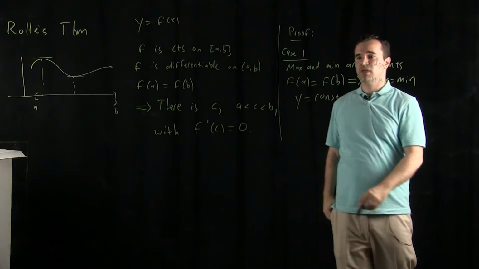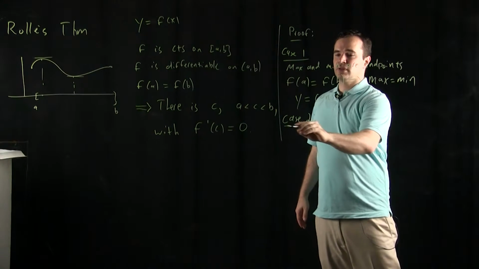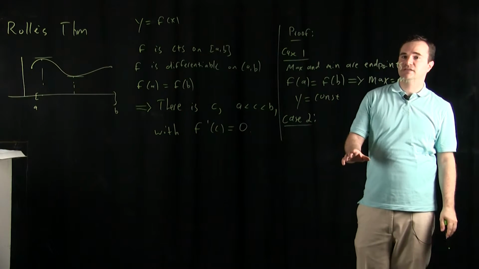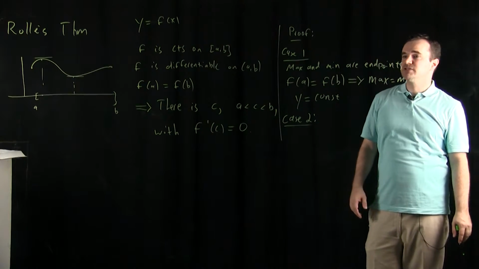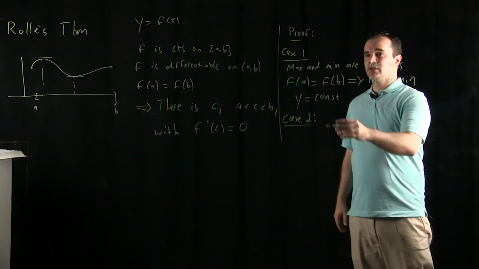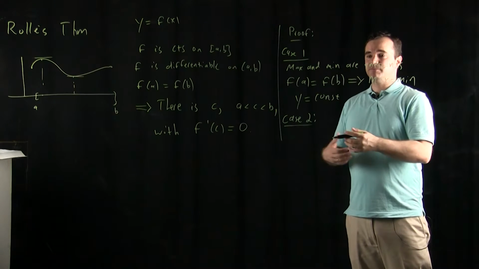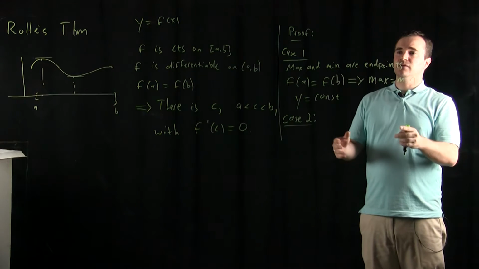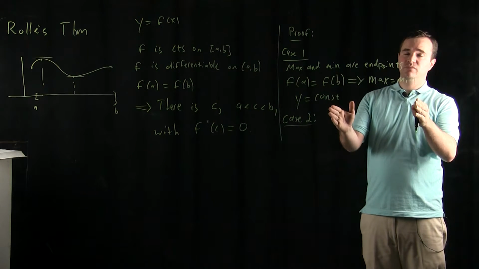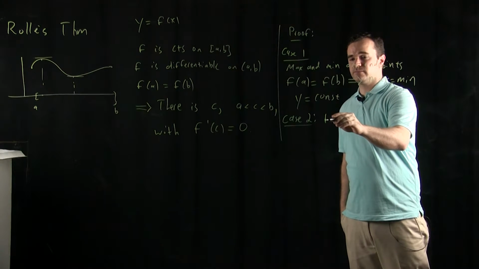And in the second case, that means at least one of these points must be a critical point. So by this extreme value theorem, the max and min are either at endpoints or critical points. So it must mean there is a critical point.